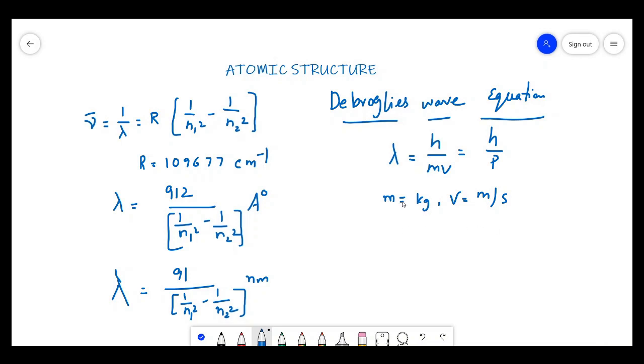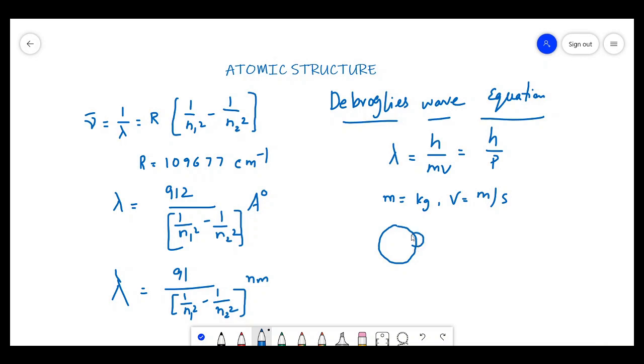Next, in this de Broglie's wave equation, suppose if an electron is revolving in a particular orbit, then the wave which is produced here is a standing wave. So the wave is said to be continuous, and this is called a standing wave.